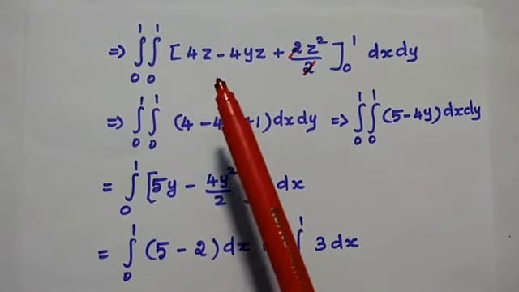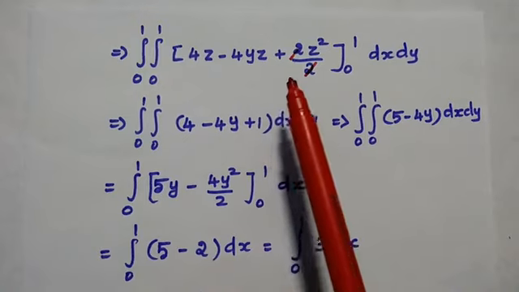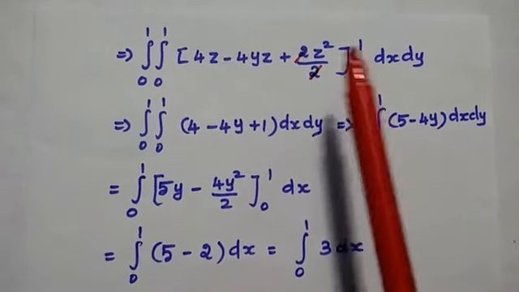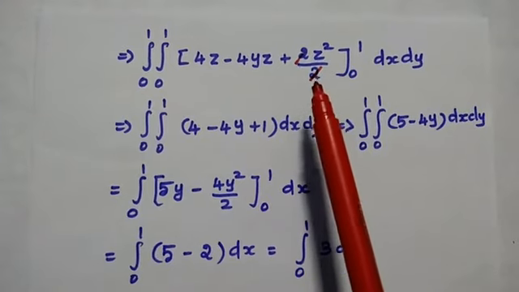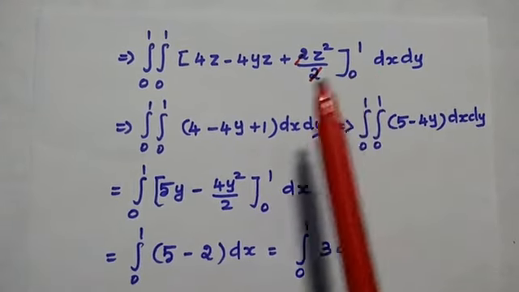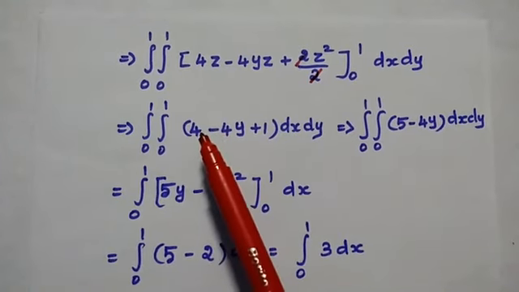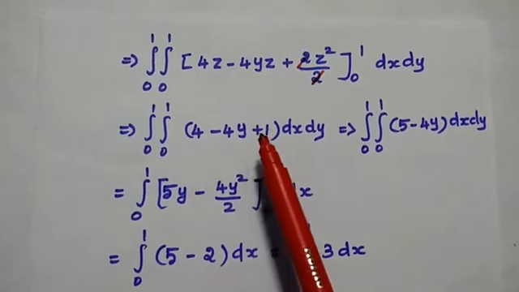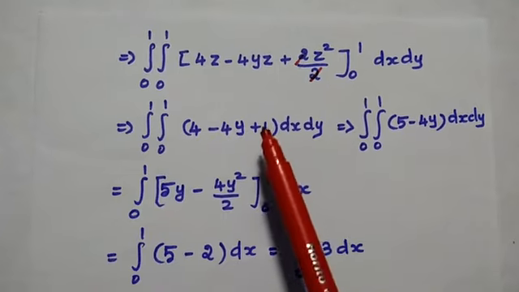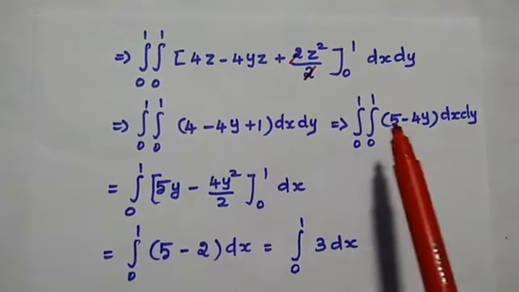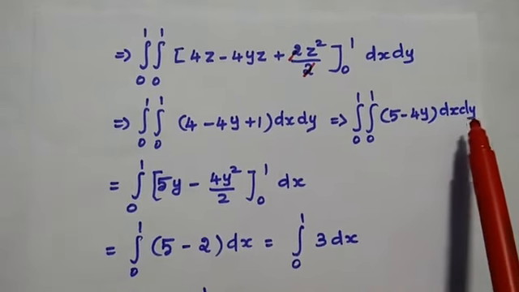This term becomes 4z minus 4yz plus 2z squared by 2, with limits from 0 to 1. The 2 gets divided out. Then we substitute the limits: z becomes 1, so 4 into 1 minus 4y into 1 plus 1 squared, and 1 squared means 1. Adding these, we get 5 minus 4y, dx dy.